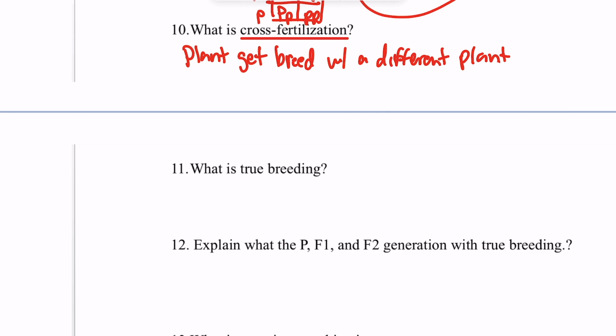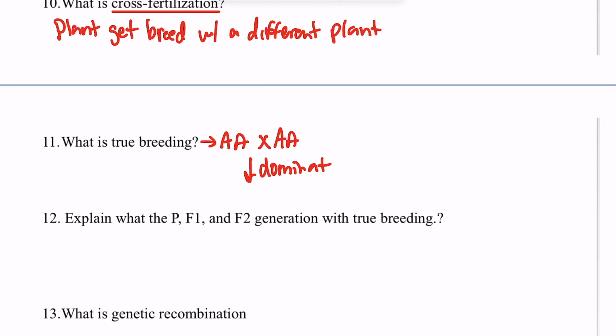If we self-fertilize big A with itself, it'll always produce a dominant trait. And if we have a recessive homozygous, if we self-fertilize, we will always get our recessive trait. That's what true breeding is.